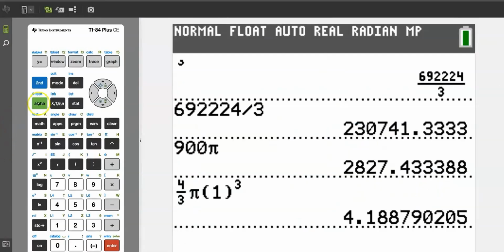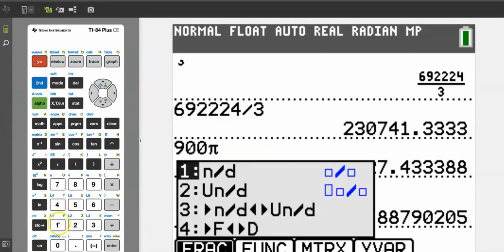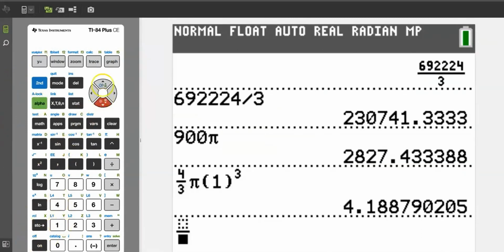So alpha y equals 1/3, second, caret key, which gives us pi. We've got a parenthesis with a 1 squared, and we've got a 5. Okay, or if you want, you can put the 5 in parentheses as well.